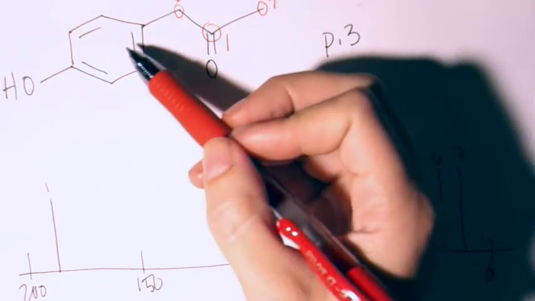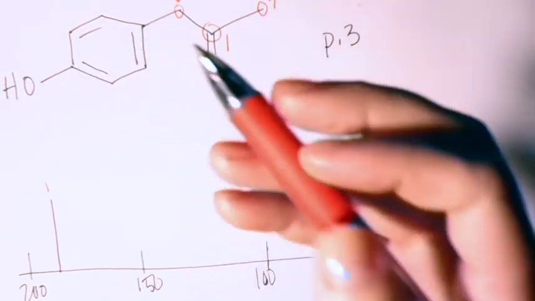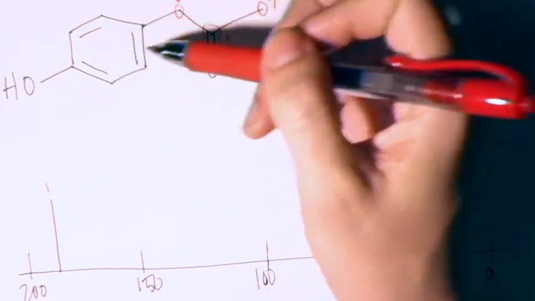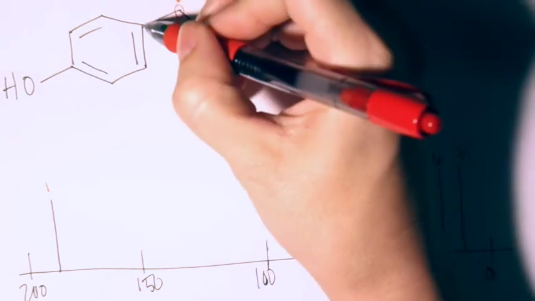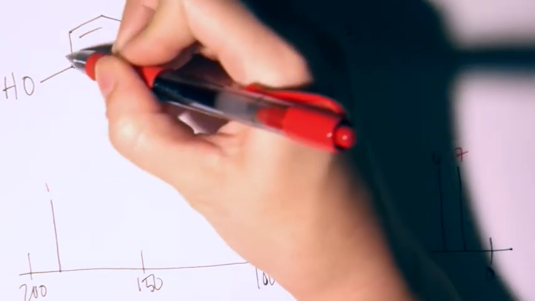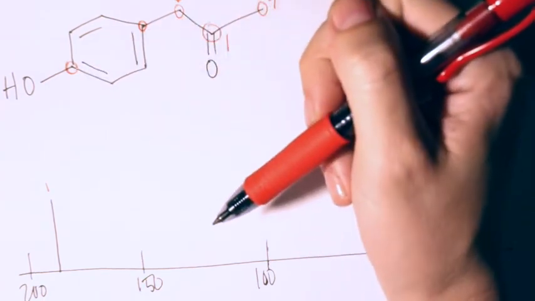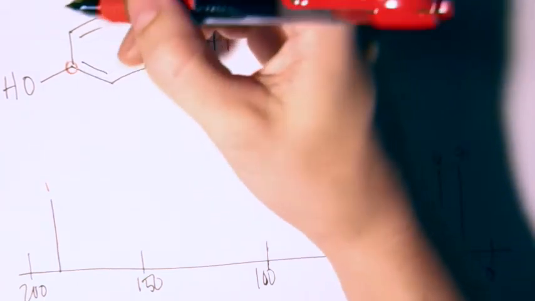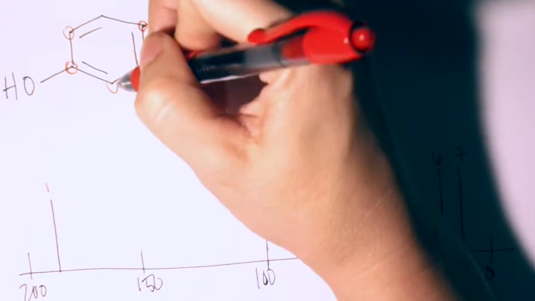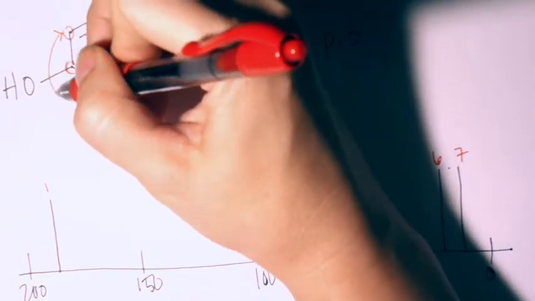Okay, so then that brings us to the aromatic ring. And the aromatic ring in this example has some symmetry to it. If you look at it, this carbon and this carbon are unique, so those are gonna have their own shift. And then these 2 carbons are actually the same as each other.